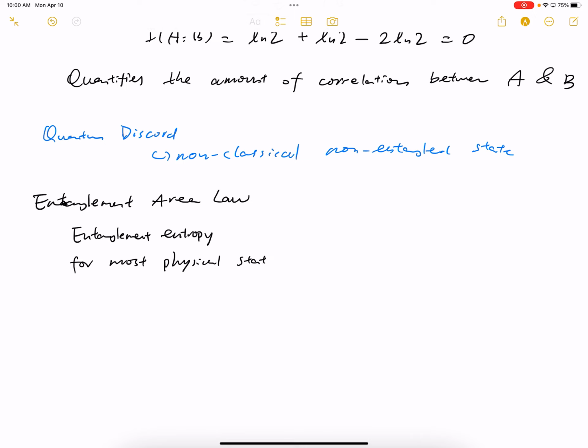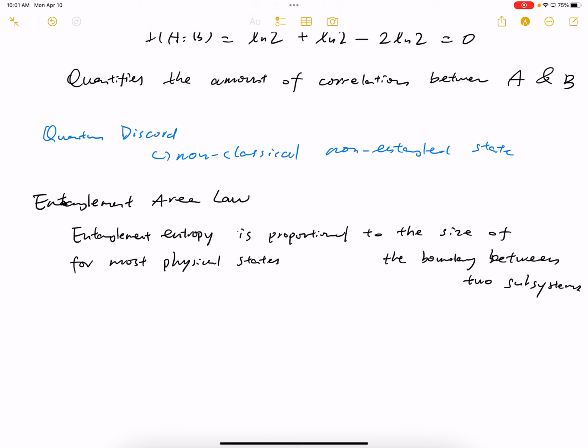But for now, you can just say that for most of the states we see, entanglement entropy scales, or maybe just proportional, to the size of the boundary between 2 subsystems. So only the boundary size matters. How big the actual size is does not matter.